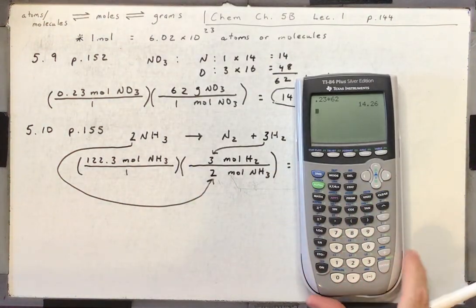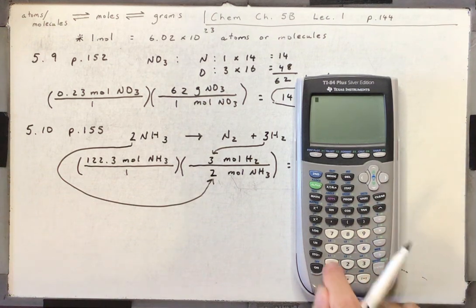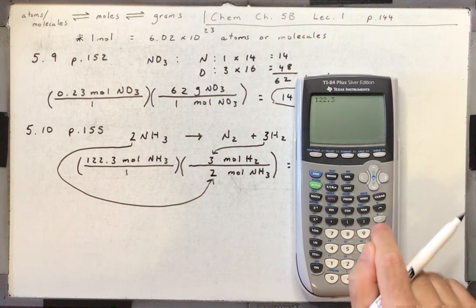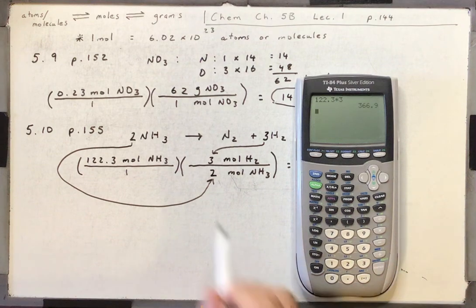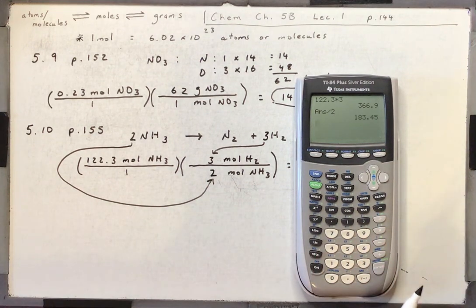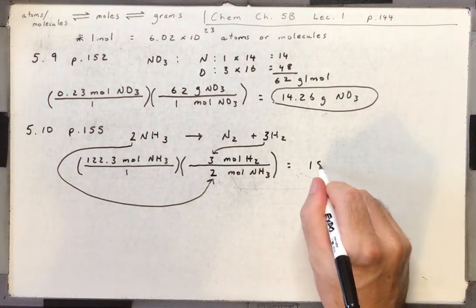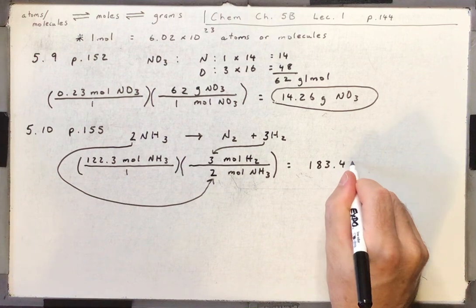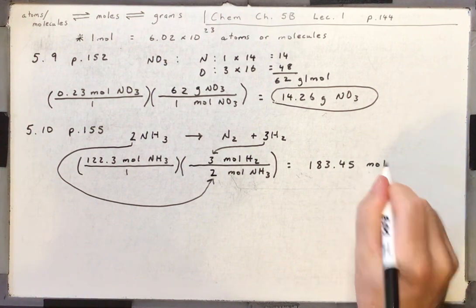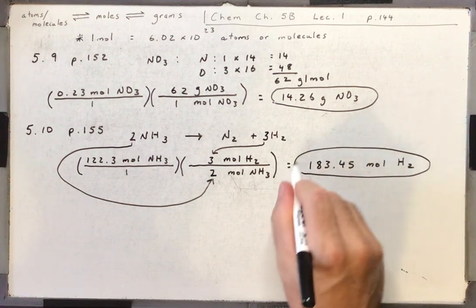So our calculation here is 122.3 times 3, so times 3 on top, divided by 2. So that's 183.45 moles of hydrogen. So what does that mean?